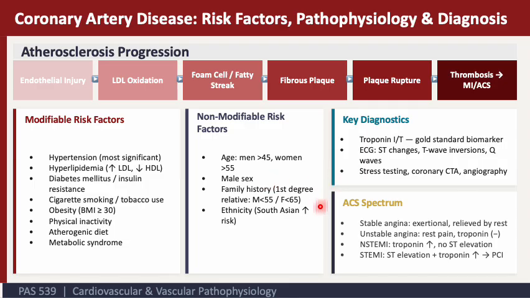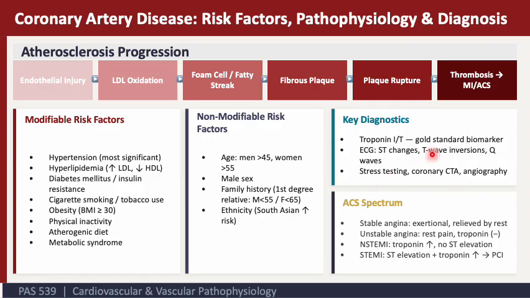Family history, if you had a first degree relative that has experienced any of these risk factors, or had a coronary artery event, that puts you at increased risk. Also, ethnicity. South Asians have the highest risk.